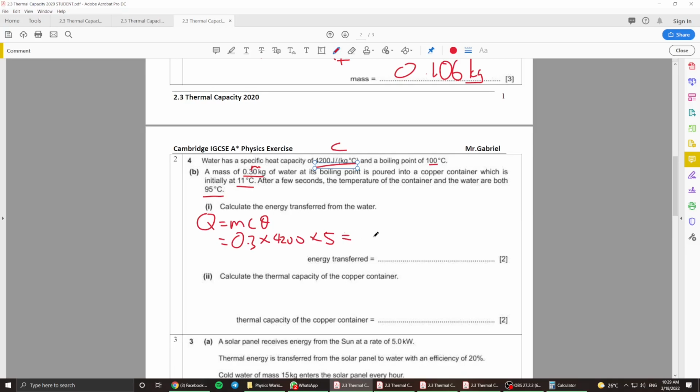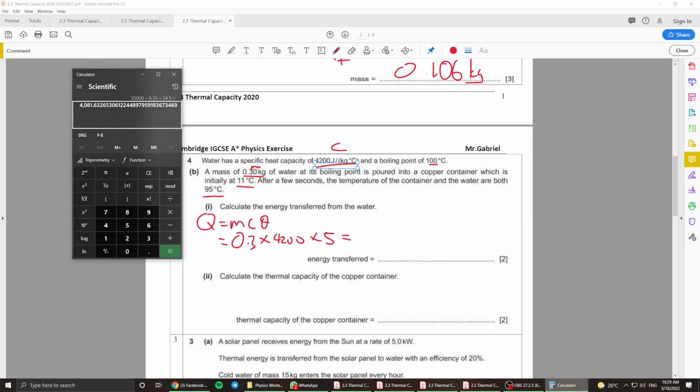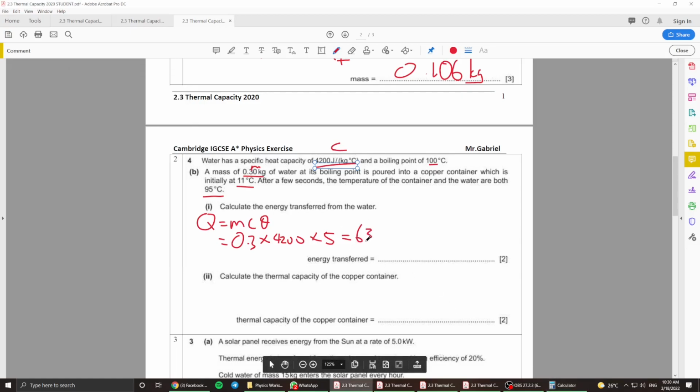So from here, 0.3 times 4,200 times 5, you're supposed to get an energy of 6,300 joules here.